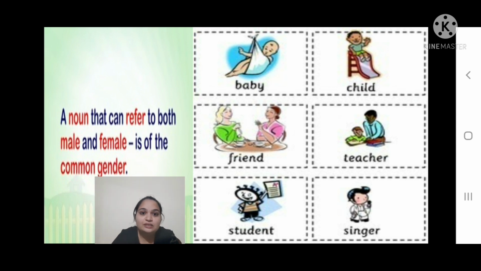Whether the baby is a boy or girl, we refer to it as baby itself, not boy baby, girl baby. We just refer as baby. So as friend. She is my friend. He is my friend. So both for male and female, we use these nouns and they are called common genders.